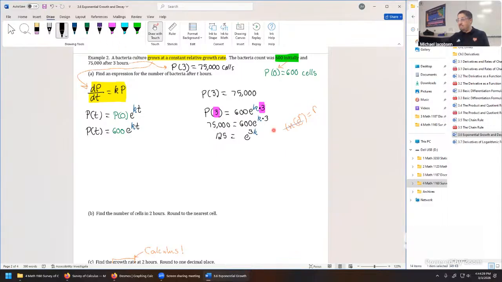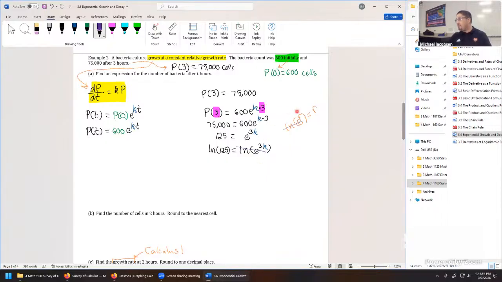So what this tells us is, on this line, if we take the natural logarithm of both sides, here's what it would look like. Natural log 125 equals natural log e to the power 3 times k. But by taking this step, we've effected a cancellation on the right-hand side. All that's left is the exponent 3k.